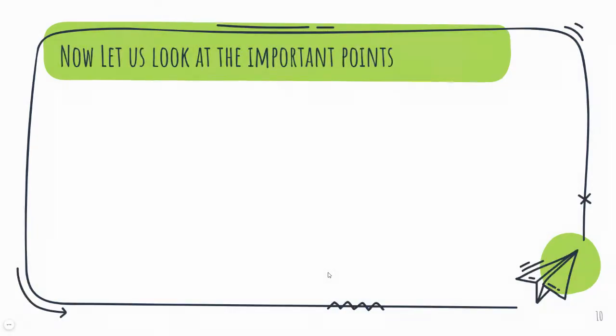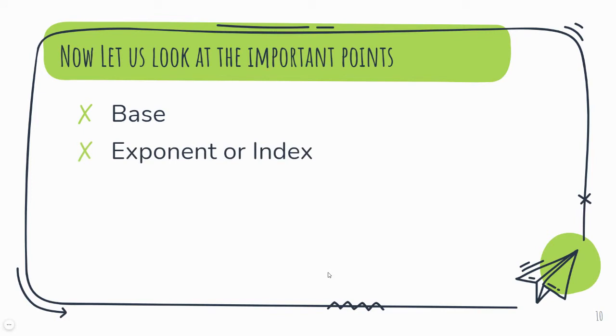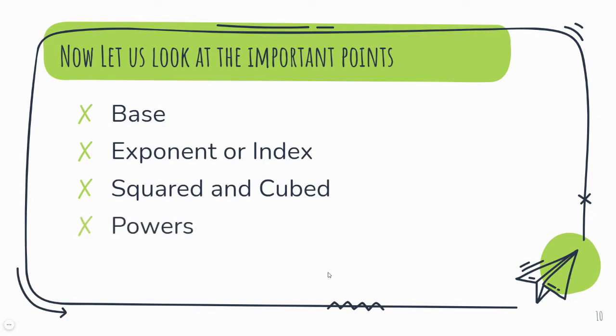Let's come back and now let us look at the important points we will study. First is base, second is exponent or index, third is squared and cubed, fourth is powers, and fifth is the written form. Please note these points in your notebook.